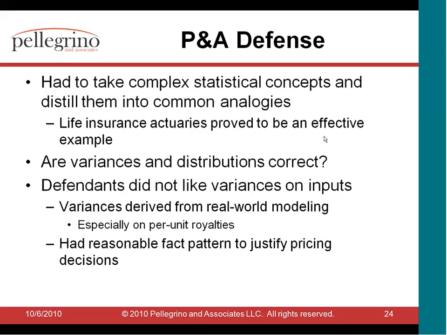So the analogy that we used was life insurance actuaries. If you look at a life insurance company, they can predict with remarkable precision how long a demographic is going to live, because maybe they have 50,000 or 100,000 different people that they're sampling from a particular geography. So they can predict within hundreds of basis points what the overall life expectancy might be for that population.